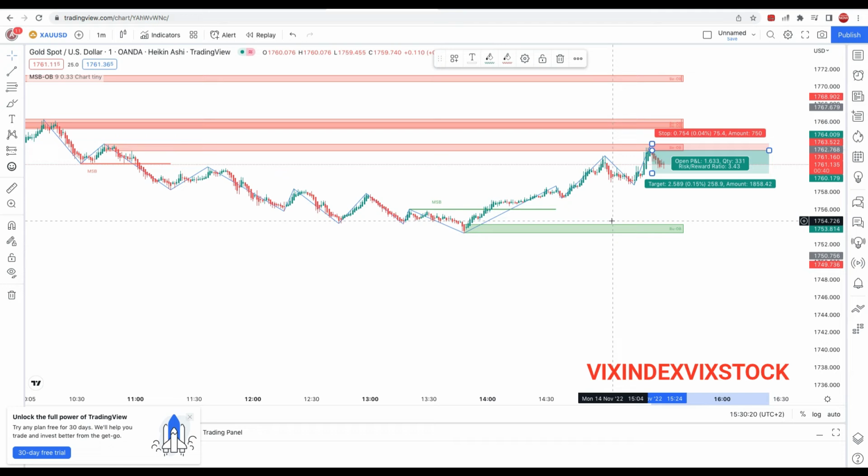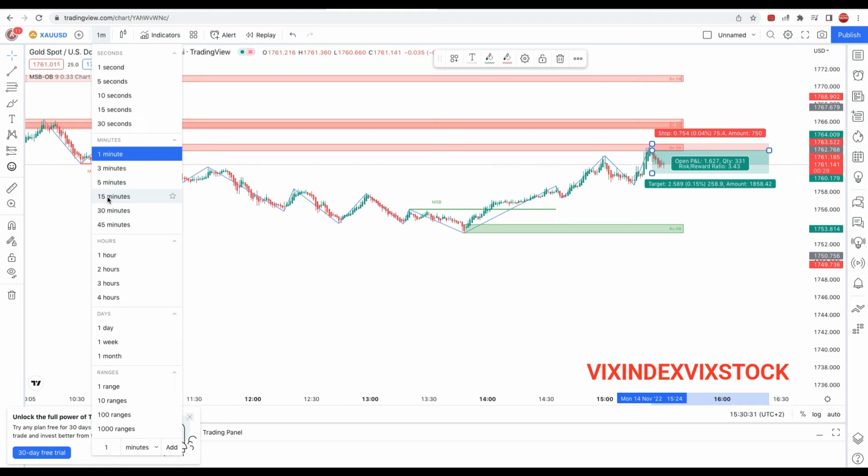What you want is at least a 1 pip spread or less than that, if you can find a broker like that. So that's for people who want to trade the 1 minute time frame or lower.